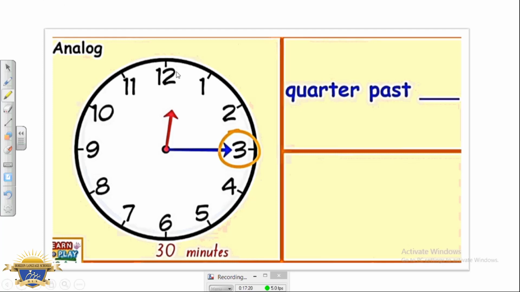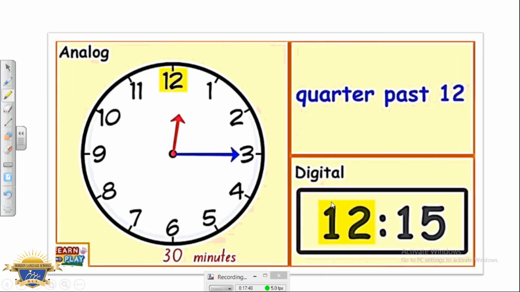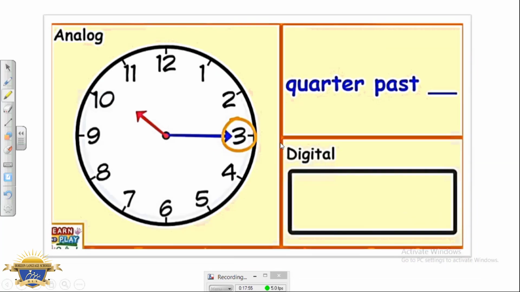On the clock, 12 is the small number. So it's quarter past 12. But when I write in the digital clock, I will write 12:15, because 3 equals 15 minutes. So it's quarter past 12 and 12:15.